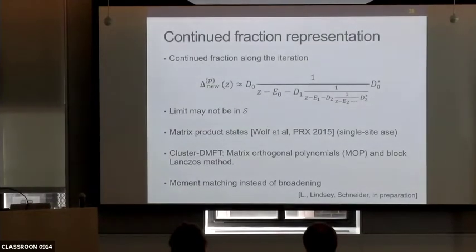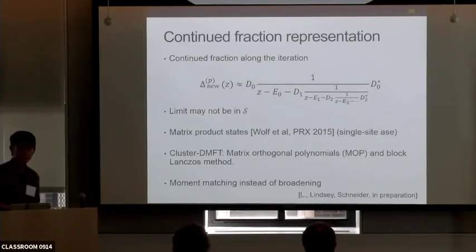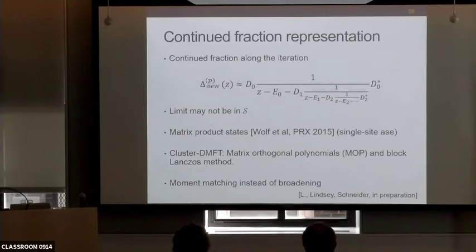I want to mention there's another thing we want to have in the paper: from this delta it's natural to have this continued fraction representation. It leads to the so-called matrix product states representation of the DMFT as pioneered by Wolf and collaborators. But for the single-site case, to our knowledge there's a case, and we don't know for CDMFT whether this matrix product state approach has been developed.